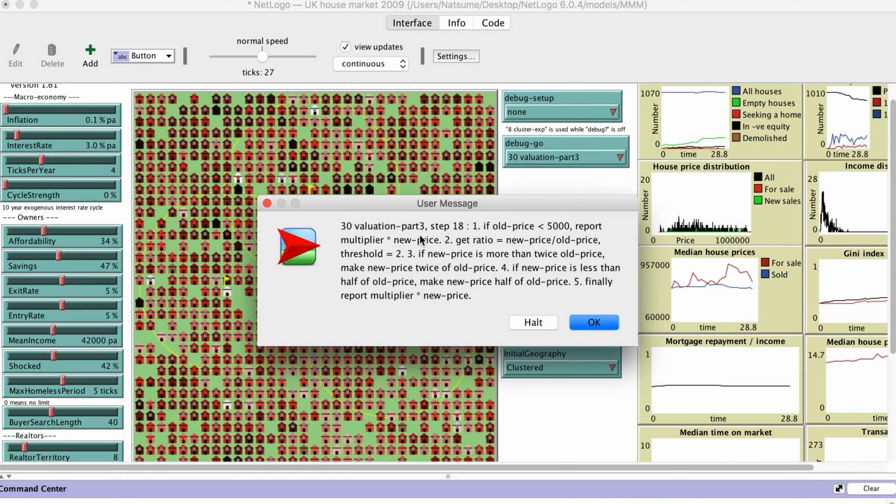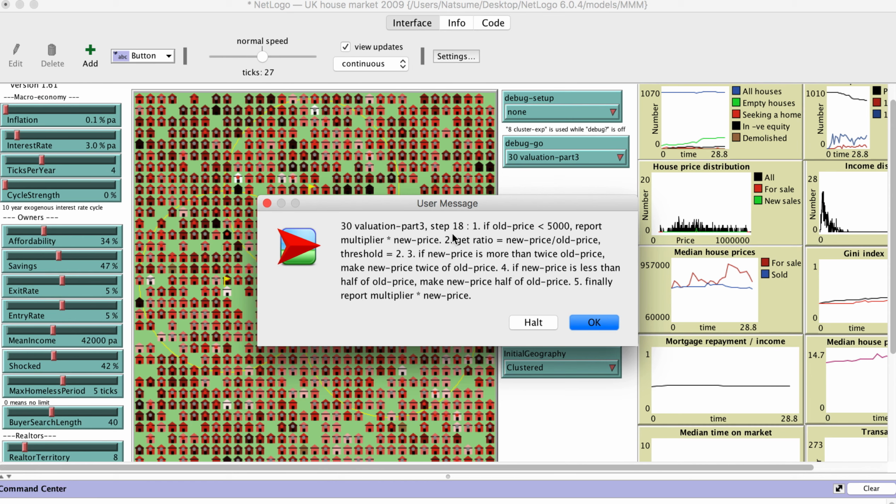We just report the price equal to multiplier multiplies the new price. The new price we just got from the second step. But if the old price is greater than 5,000 and the new price is actually more than twice of the old price, now we just set the new price to be exactly twice of the old price.